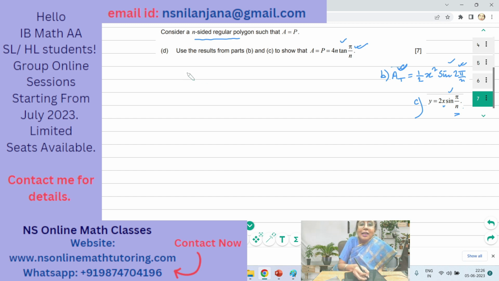So A is equal to n times AT, which is equal to n times half times x squared times 2 sine pi by n cos pi by n, because I have to come to the angle pi by n.